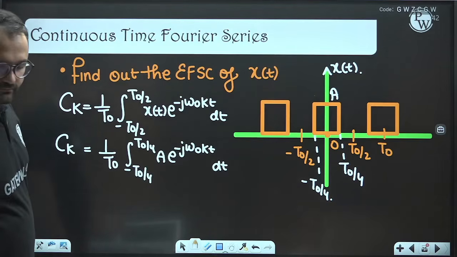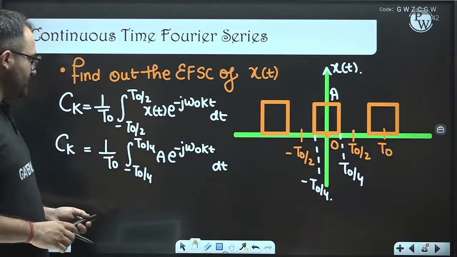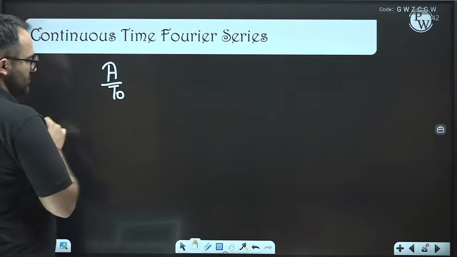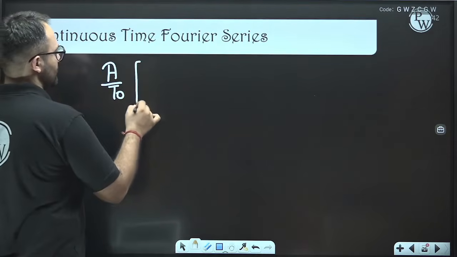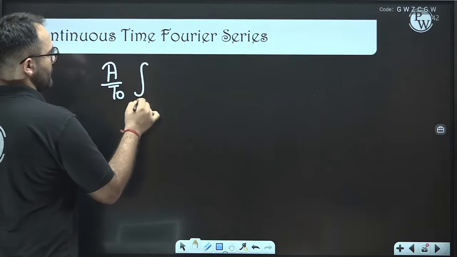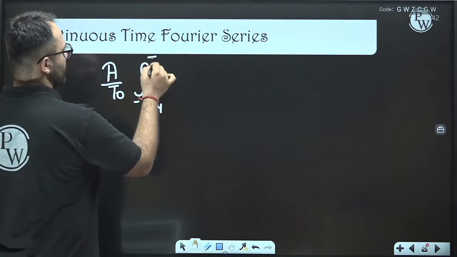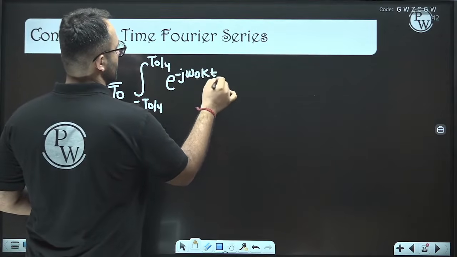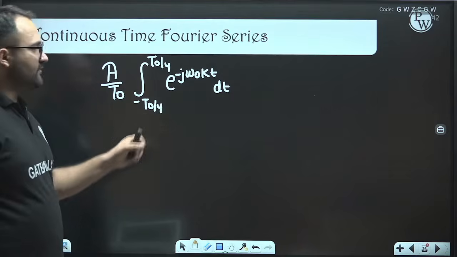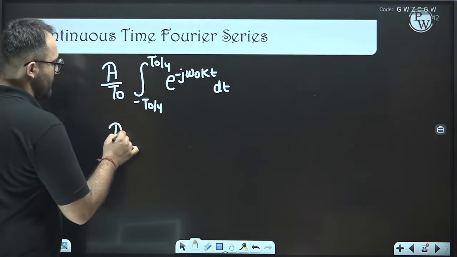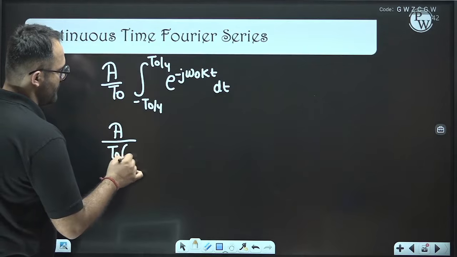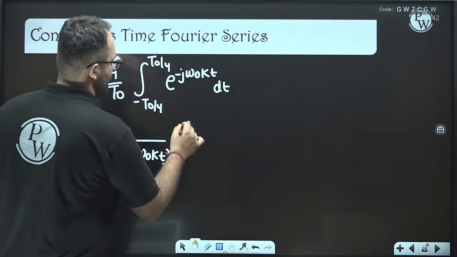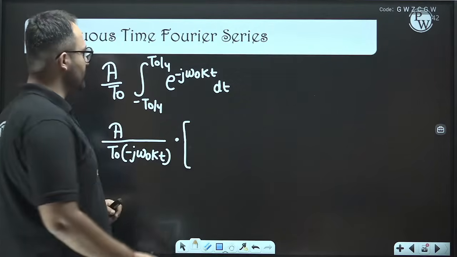Now we can simply solve this formula. This integration is very simple. Capital A outside divided by T naught. Then we'll integrate this from minus T naught by 4 to T naught by 4. Now we'll integrate this, and then we'll put the values.